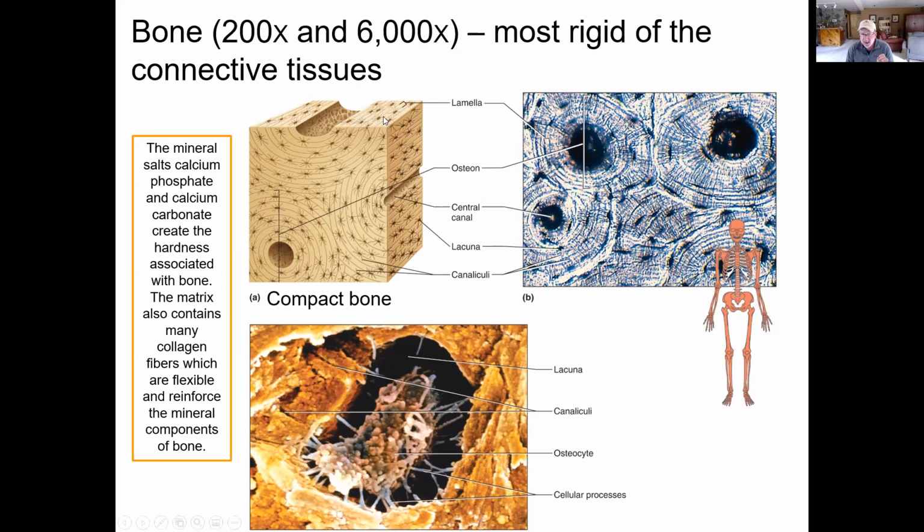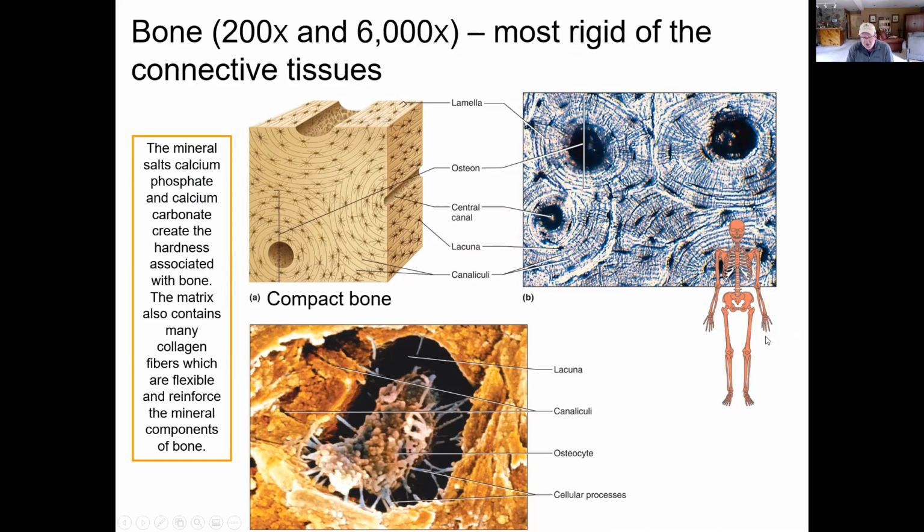So the lamellae, the rings of the tree of the osteon, contain calcium phosphate and calcium carbonate crystals, as well as collagen fibers interwoven within the matrix, all of which provide an extreme rigidity and strength to bone, as you probably already have figured out.